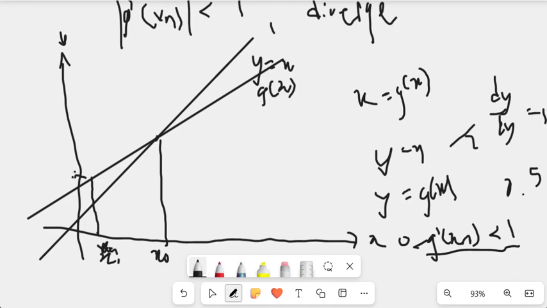So here, I know where my y is. Because y equals x, I know that for my y, it will correspond to an x at this point.